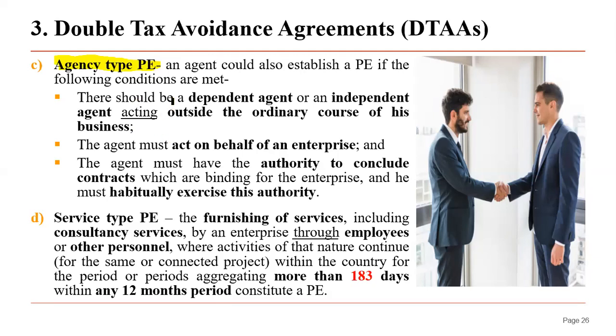Then the first condition is there should be a dependent agent, or an independent agent acting outside the ordinary course of his business. Then there should be a dependent agent, right? Dependent agent.